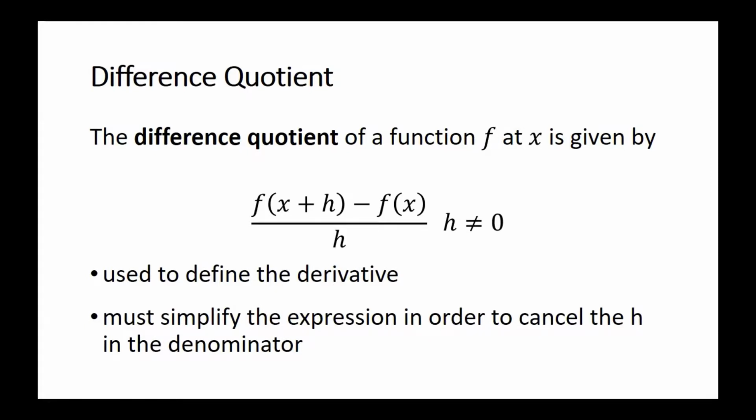You must simplify the expression in order to cancel the h in the denominator. So no matter what function you're dealing with, you go through the simplification of the difference quotient and the h in the denominator will cancel out. If it does not, you made a mistake.